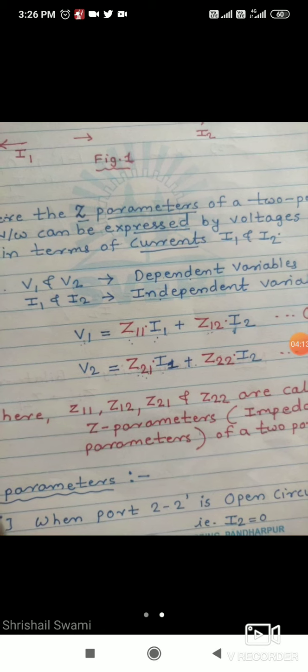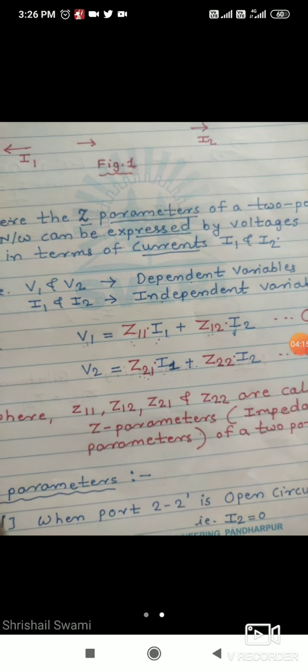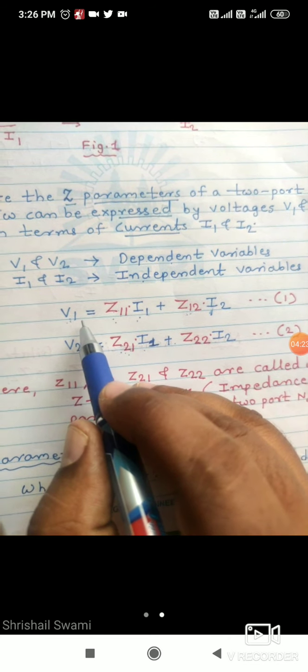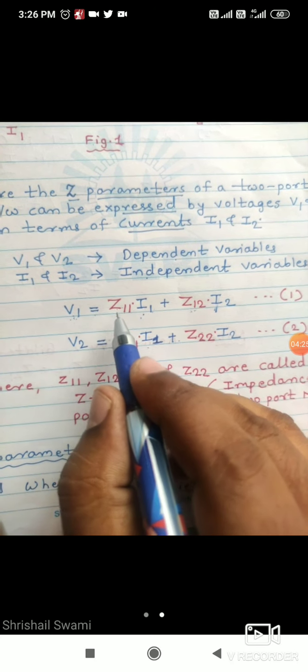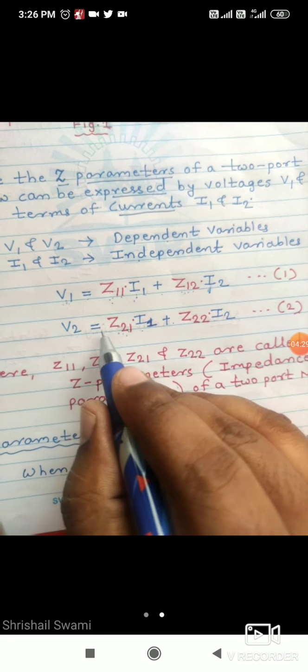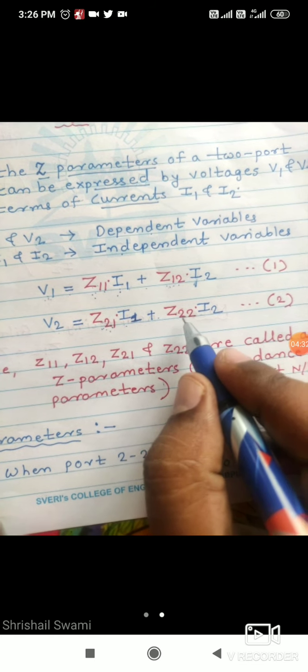Why we are selecting them, we will learn; we will get the reason behind why V1 and V2 are taken as dependent and I1 and I2 as independent. First of all I will write the equations. V1 is equal to z11 into I1 plus z12 into I2. V2 is equal to z21 into I1 plus z22 into I2.